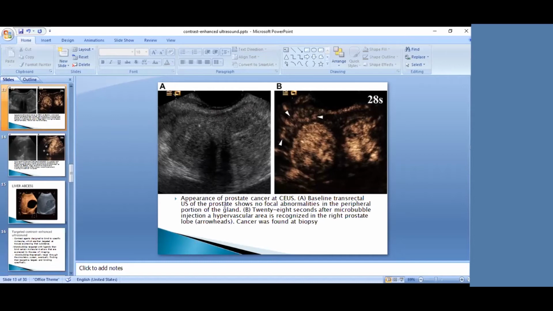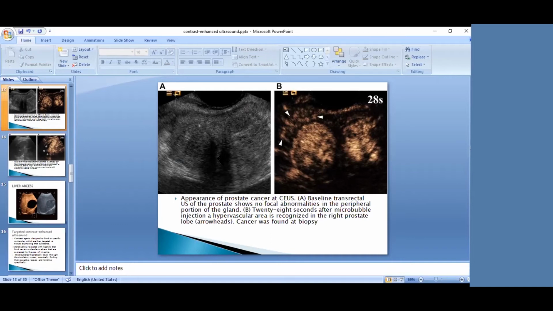Now this is the appearance of prostate cancer at contrast enhanced ultrasound. This is a conventional ultrasound, okay, which is our B mode ultrasound, and this is after injection of contrast, 28 seconds after injection of contrast agent. Appearance of a prostate cancer at contrast enhanced ultrasound.